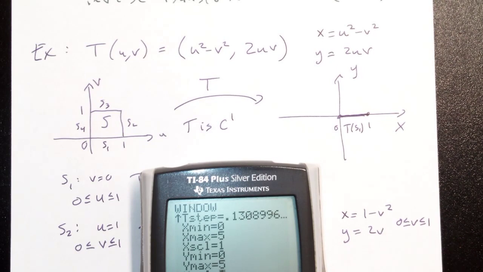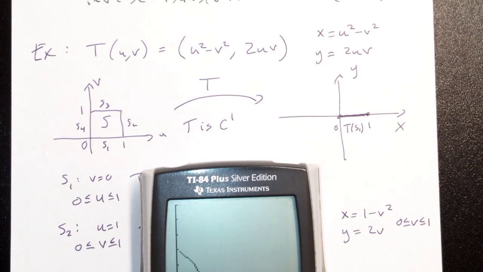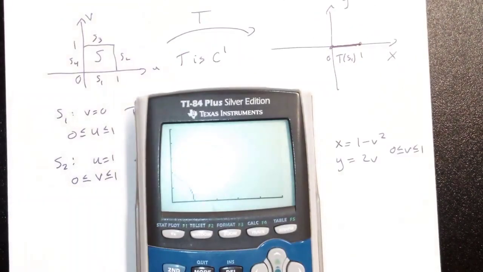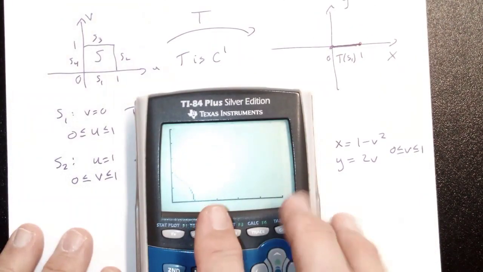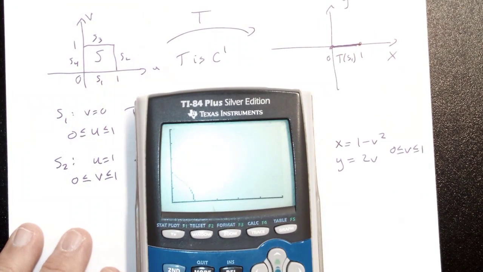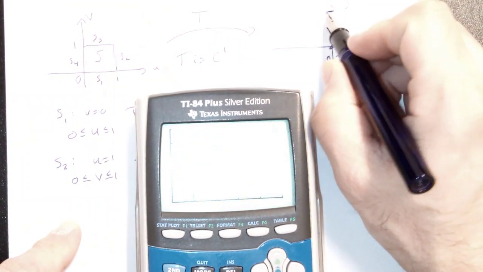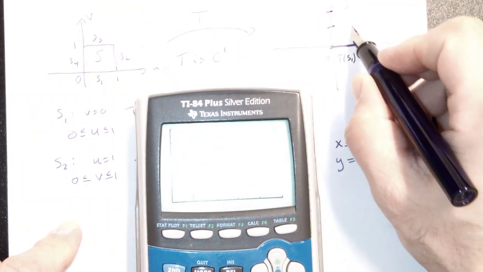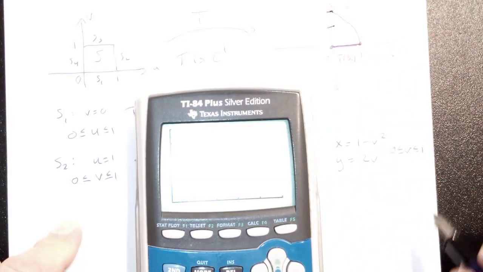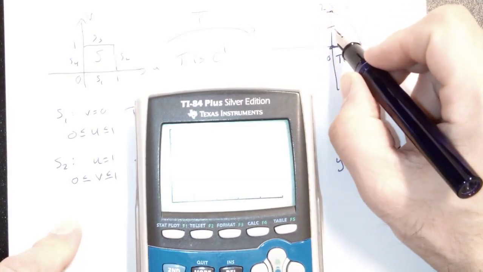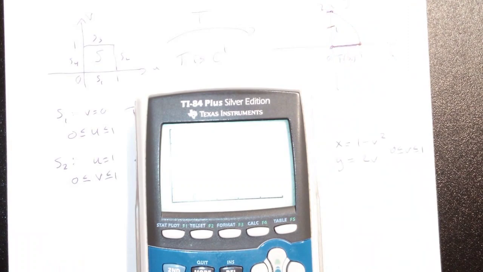So when I graph this, I see this shape. Oh, you can't see squat there.